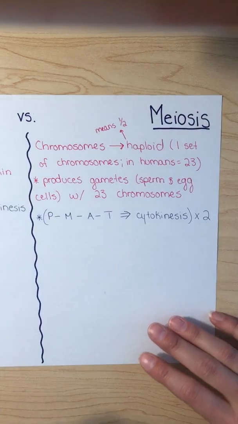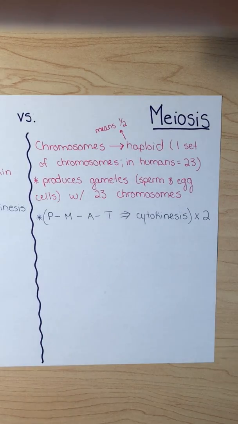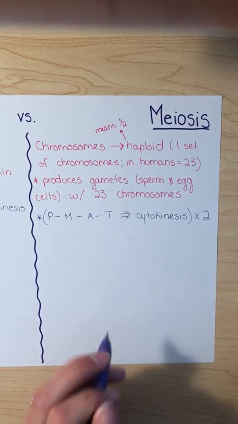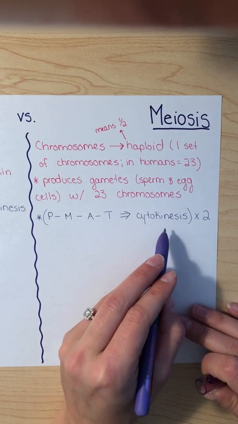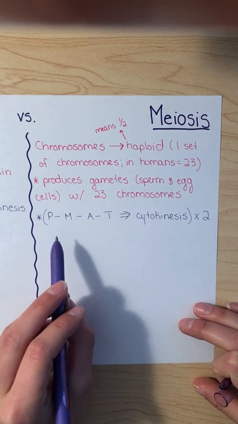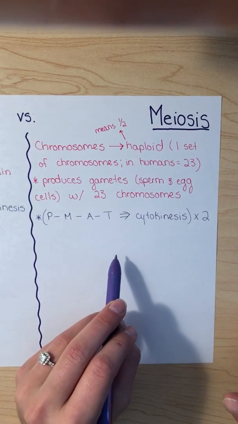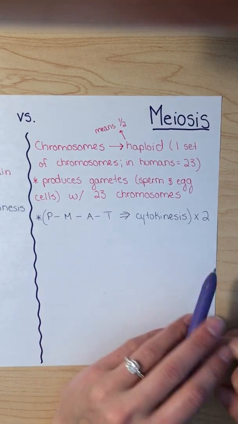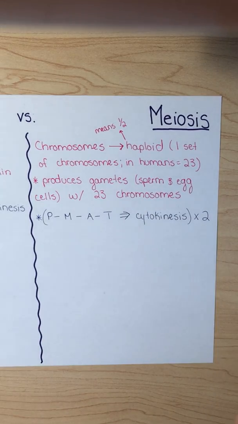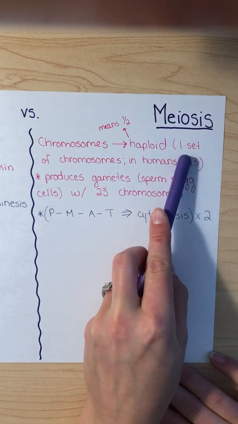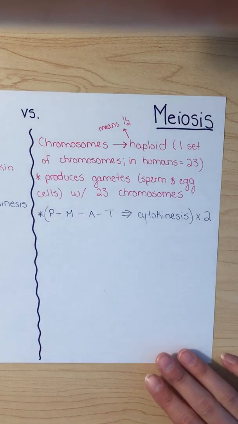So for example, there's prophase 1, metaphase 1, anaphase 1, telophase 1, and then there's a split. And then there's prophase 2, metaphase 2, anaphase 2, and telophase 2. Okay? And then another split, and then you have 4 new cells. Okay? Don't worry about the details of meiosis right now because we are going to do that tomorrow. We'll go into them in depth a lot more.